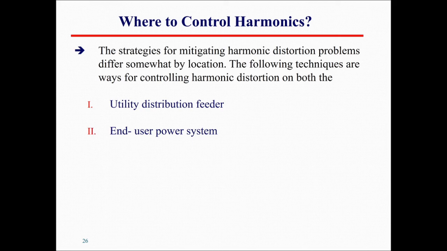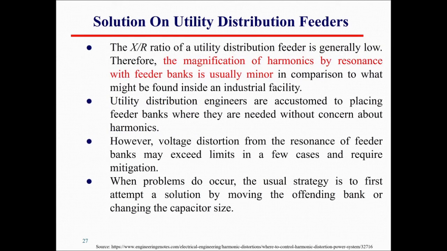Where to control harmonics? The strategy for mitigating harmonic distortion problems differs somewhat by location. The following techniques are ways for controlling harmonic distortion on both the utility distribution feeder and the user power system. Now let us look at the utility distribution feeder.